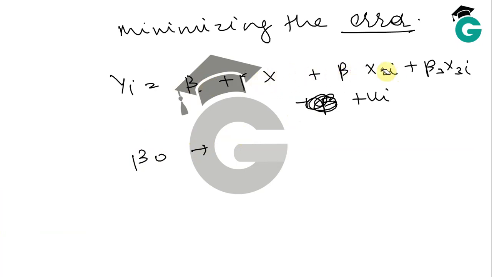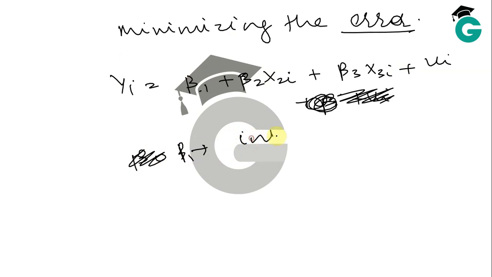I have a tendency to call it beta naught and beta 1, but for the purposes of this video we don't do that, because we want to derive things and call them things that we don't lose track of. So this is the equation we deal with. Now beta 1 here is your intercept, which is basically the average value of y in case x is 0.